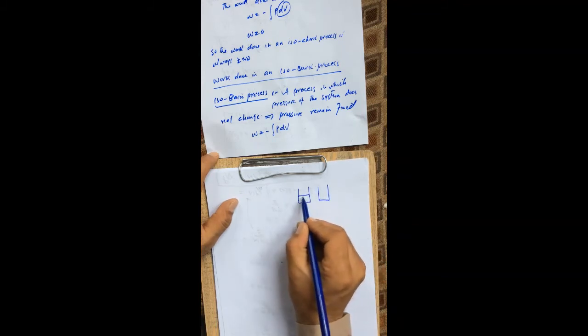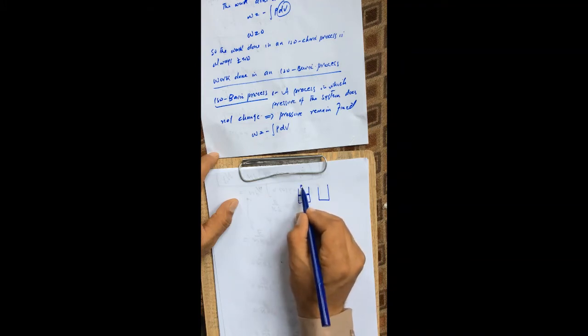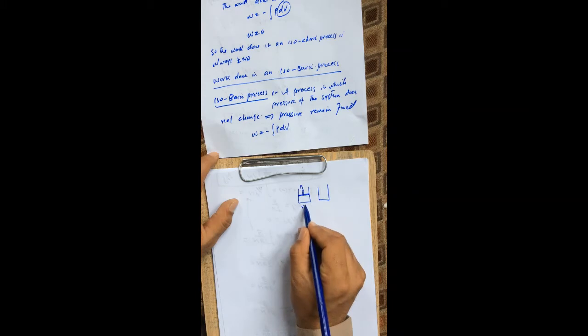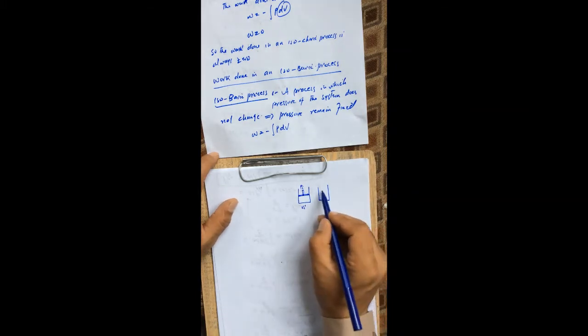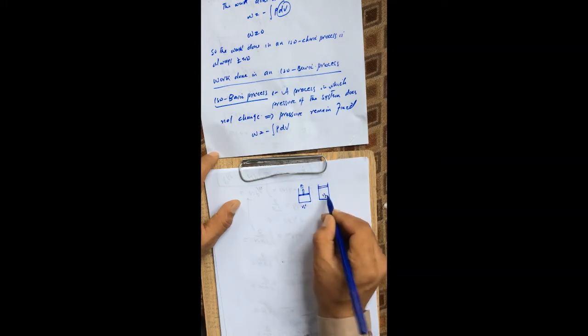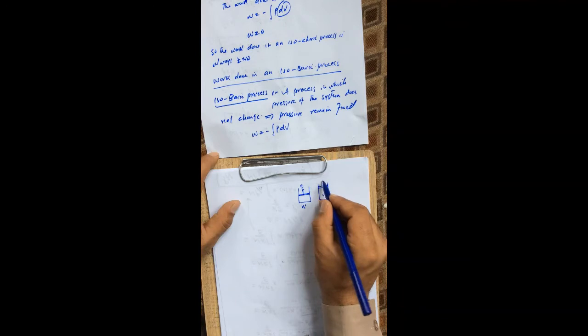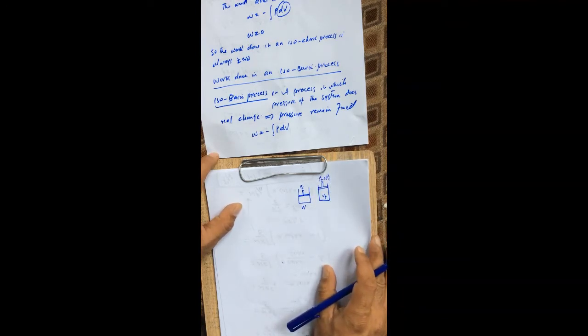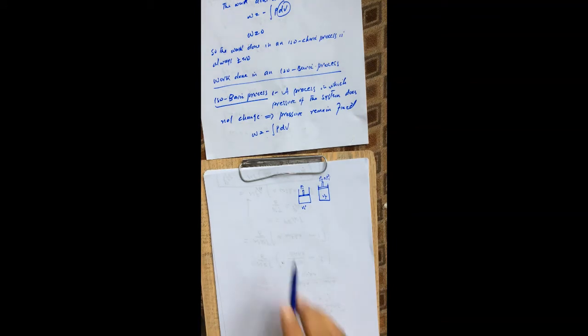Here the initial volume was Vi, and the pressure was Pi. Now the volume changes from Vi to Vf, and the final pressure is equal to the initial pressure. Pressure does not change because the initial pressure and final pressure are the same, only the volume changes here.